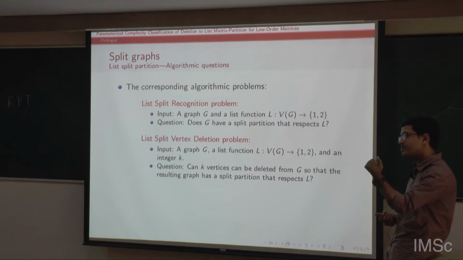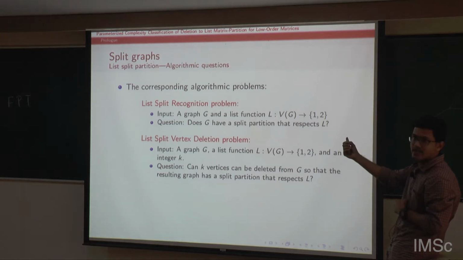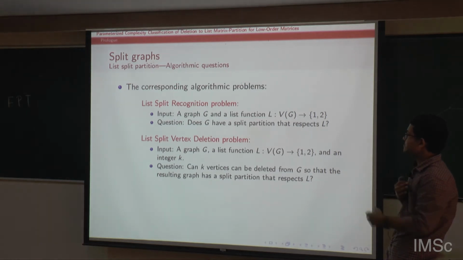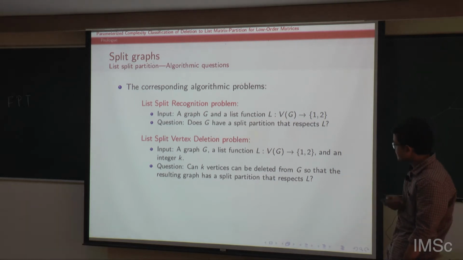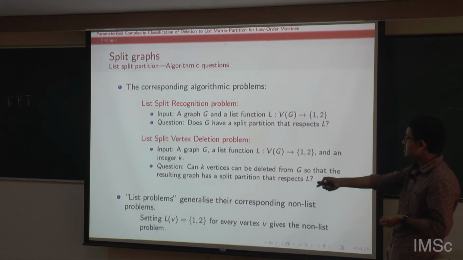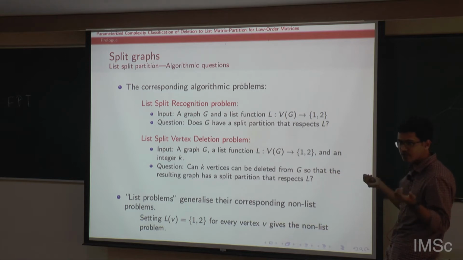At most one vertex from the clique side can go to the independent set part, and at most one vertex from the independent set can come to this side. So once you have a split partition, which you know how to check, these problems will be polynomial time and FPT respectively. So the list problem actually generalizes the corresponding problem without list. We can set up L of v equals {1, 2} for every vertex and we get our original problem back.